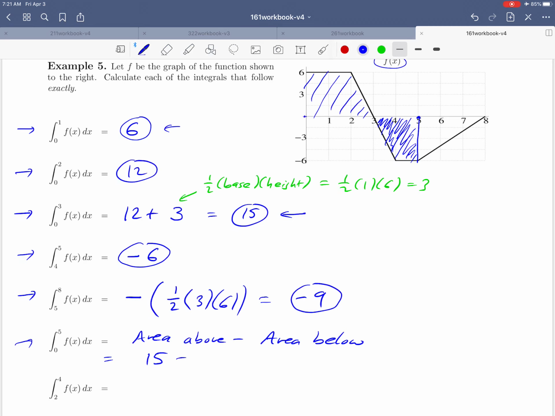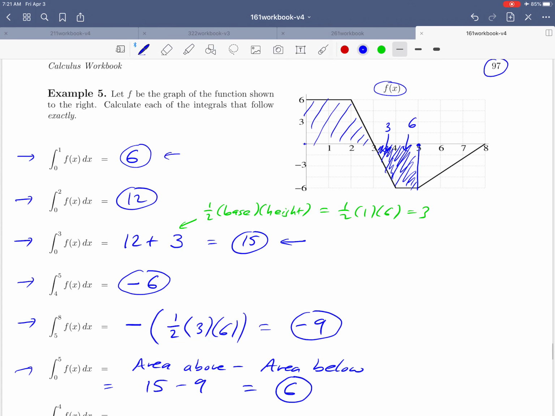We've already calculated those numbers a couple of times. And so the area of that triangle is 3 and the area of that rectangle is 6. So we're subtracting 9 because the 6 and the 3 are below. So we come up with an answer then of 6. You can think of that as a net area. We've got a little bit more area above than we do below, and so our net area is positive 6 in this case.